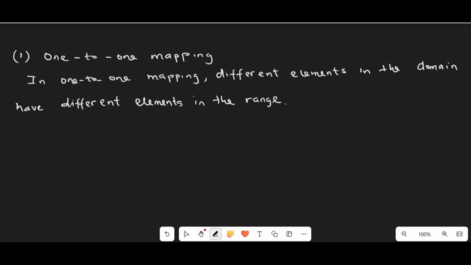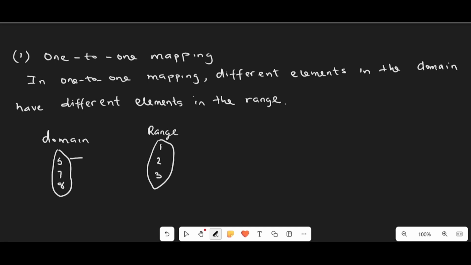Now our domain is 5, 7, 8. Our range is 1, 2, 3.